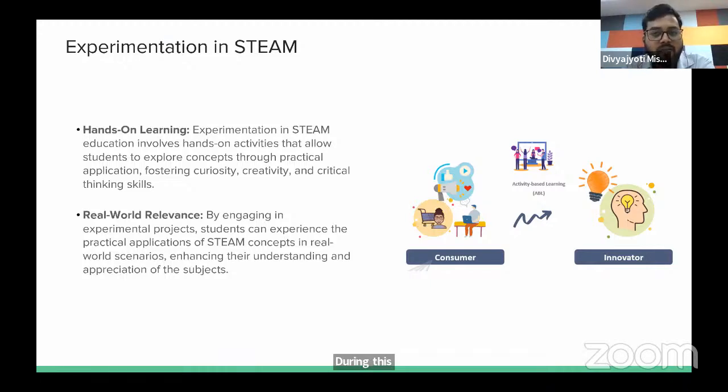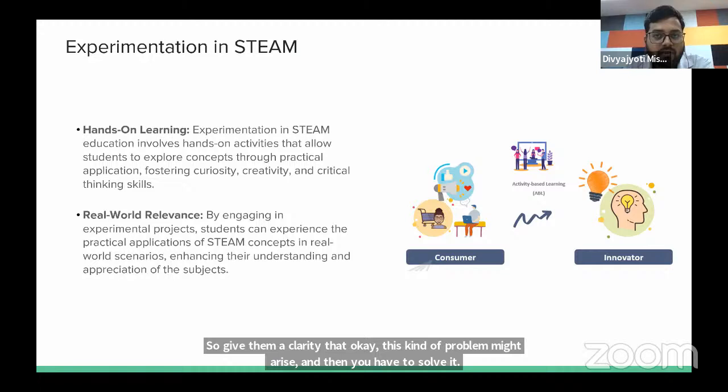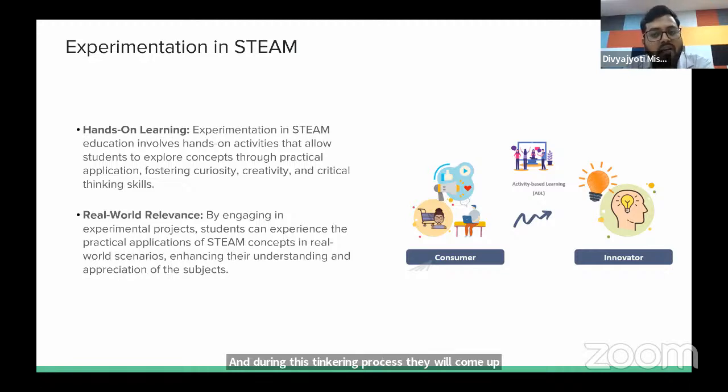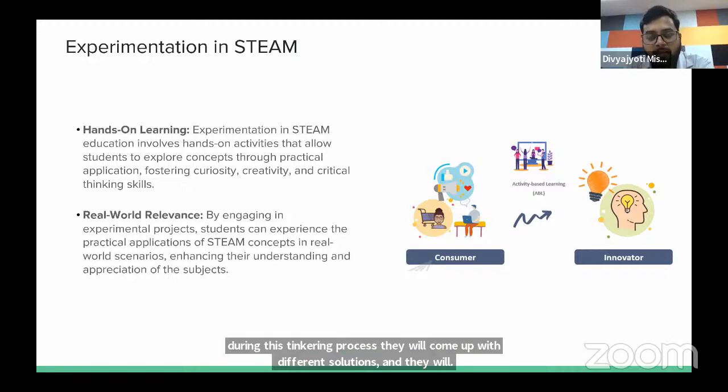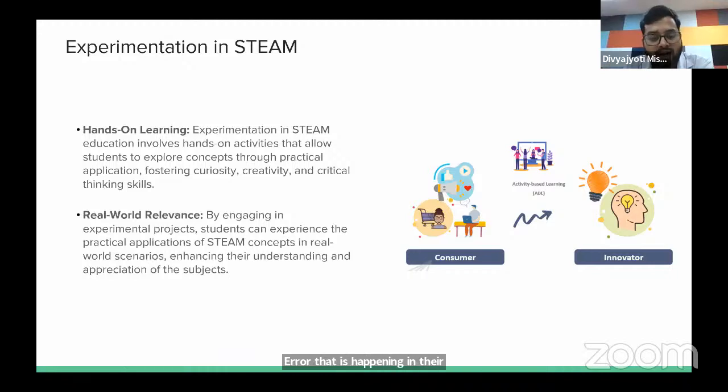Because if you give them everything pre-cooked, they will not be able to generate new ideas. Okay, so give them clarity that this kind of problem might arise, and then you have to solve it. And during this tinkering process, they will come up with different solutions, and they will find the error or the bug happening in their code and then modify it.